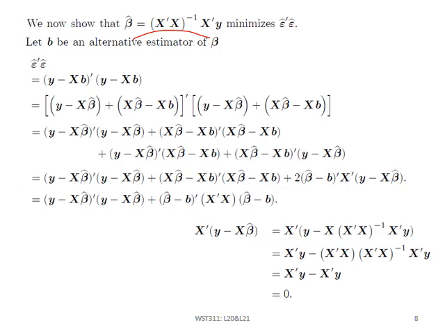It still remains to show that it actually minimizes the sum of squares. Please work through the proof on the slide by starting off and considering an alternative estimator b for beta. Then conclude that it's only possible to have a minimum if b equals beta hat.